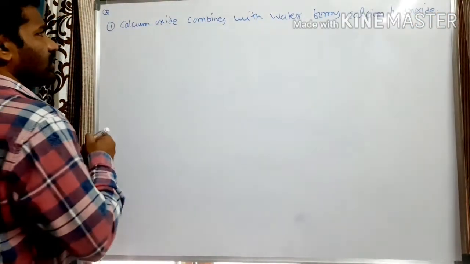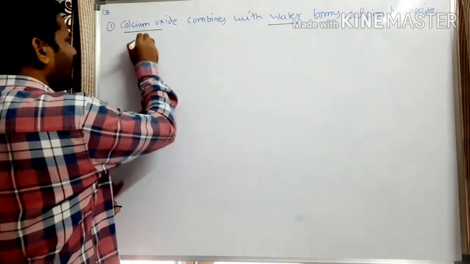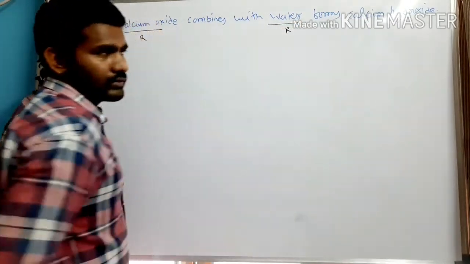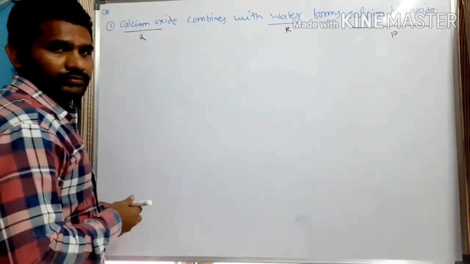Here calcium oxide and water are combining, so they are reactants. Calcium hydroxide is formed, so it is a product.